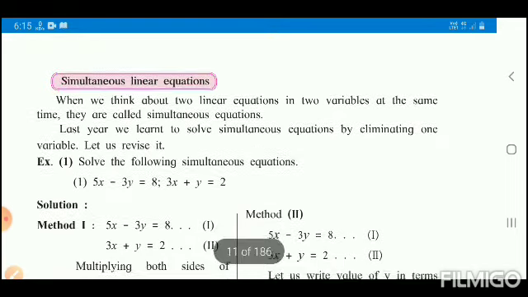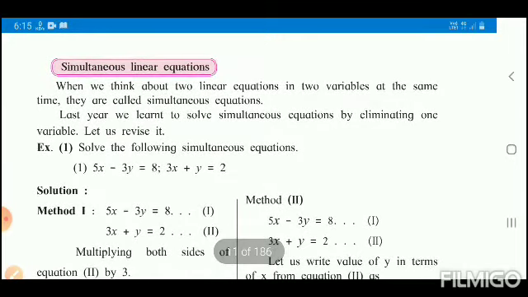Now we will see the information about simultaneous linear equations. Two linear equations involving two variables taken together form a system of simultaneous linear equations.